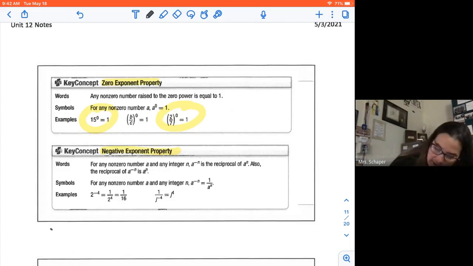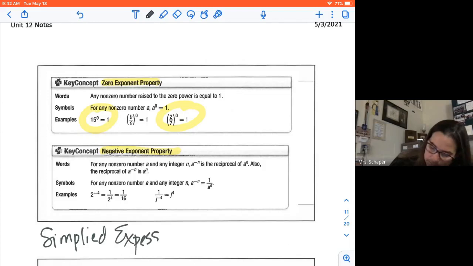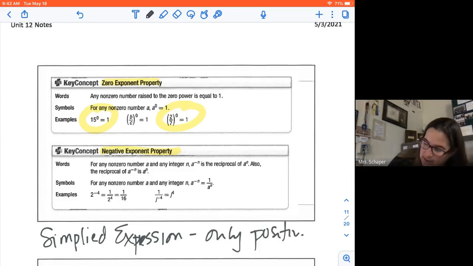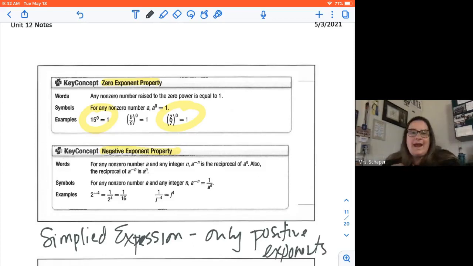So a simplified expression has only positive exponents. So what we're going to talk about today is looking at how do we get those exponents to be positive, okay?